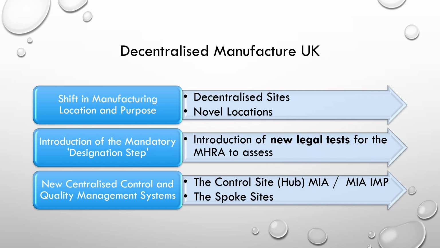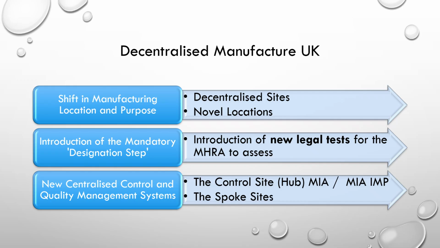So what is it about? Basically, it's a shift in the manufacturing location and the purpose for that manufacturing. So you have these decentralized sites, and they can be novel locations. In order to do this, you have to go through a mandatory designation step, and then you're able to do this approach, and the MHRA are going to inspect your control sites.